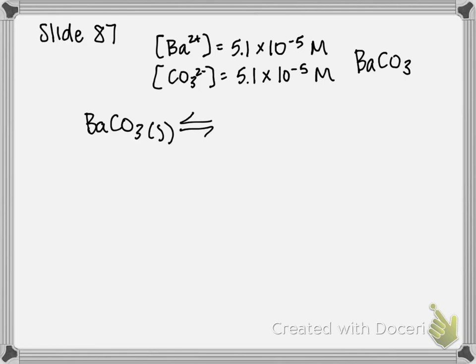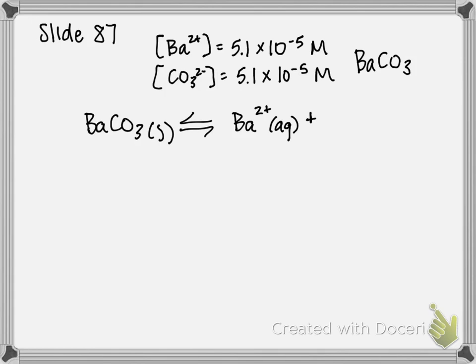So here we just need to see how barium carbonate breaks apart in solution. So this compound is composed of barium 2 plus ions, and in solution those are aqueous, and carbonate ions.